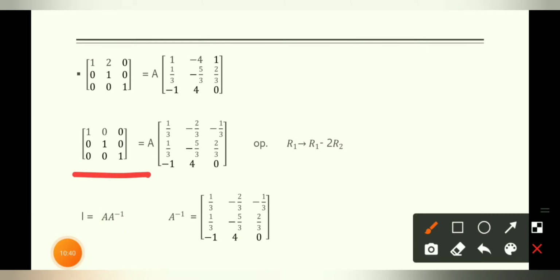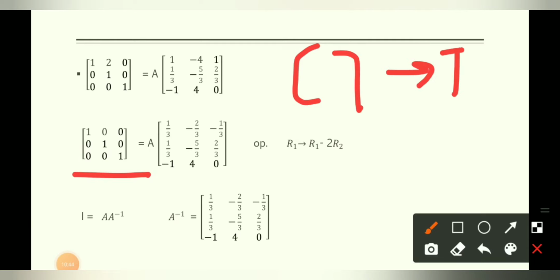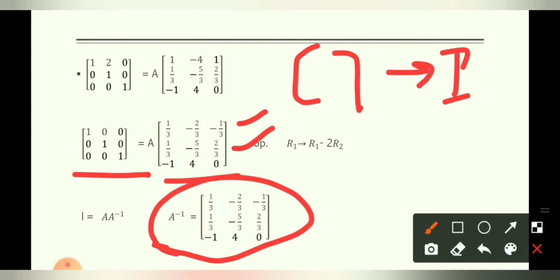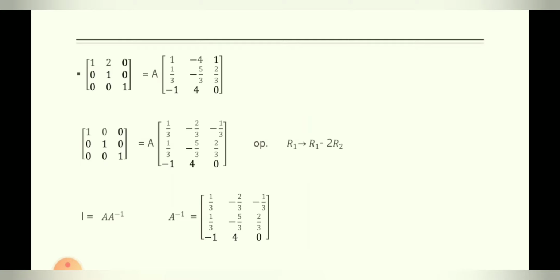So this is the identity matrix we obtained. We have to change the given matrix to identity on this side, and on the other hand side identity will be changed into a new matrix, which will be the inverse. The matrix on the other side will be the inverse of A. So this is the way of obtaining the inverse using only one type of operation.